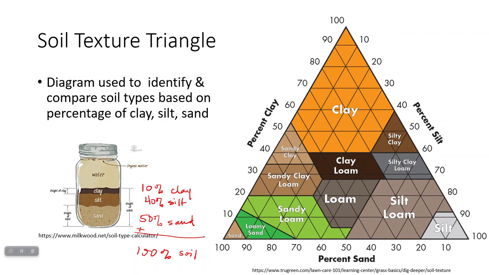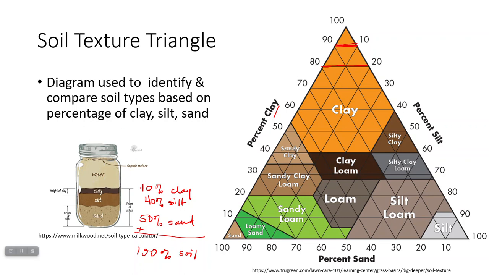Then you use this soil texture triangle. I generally start with the percent clay on the left-hand side just because it's a little easier because all of the lines that extend directly out to the right represent, like this line represents something that's 90% clay. This line represents 80% clay.